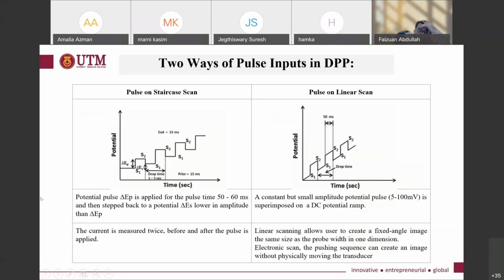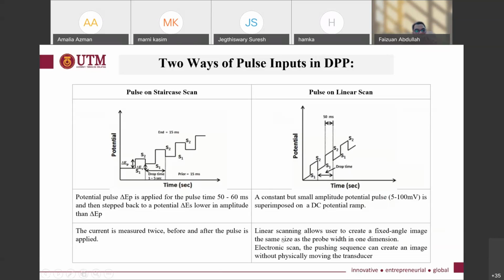For the pulse on staircase scan, a potential pulse delta EP is applied for a pulse time of 50 to 60 millisecond and then steps back to a potential lower in amplitude than delta E potential. And for the other one, a constant but small amplitude potential pulse between 5 to 100 millivolt is superimposed on a DC potential ramp. The current is measured twice for the pulse on staircase scan, before and after the pulse is applied.